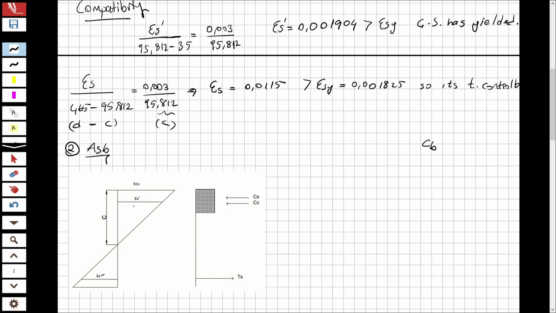because I assume that epsilon S prime is yielded. So I'm going to assume that this steel also yielded, 0.001825, the yield point, which I'm going to take as a reference, over D. D is the length from that point until that point, 465 minus CB.